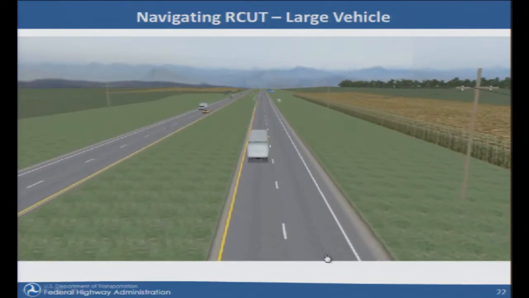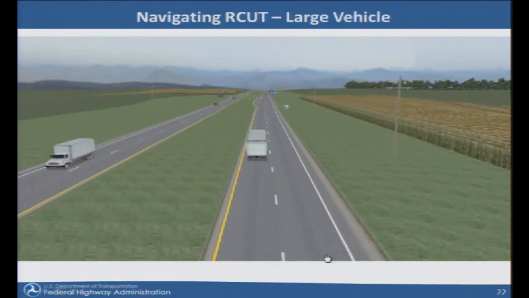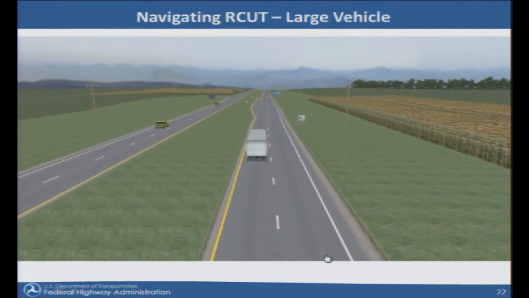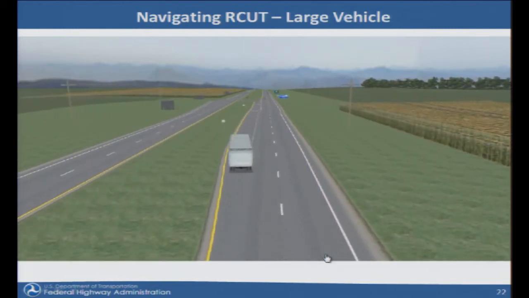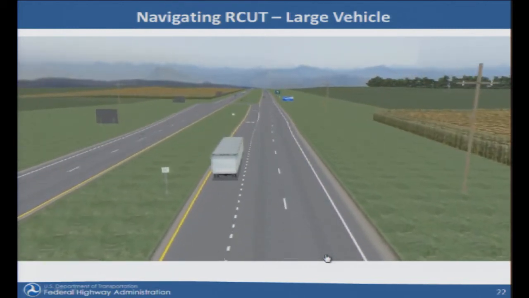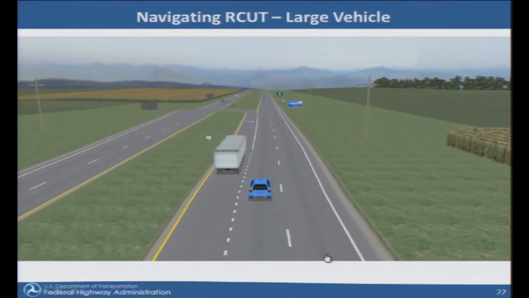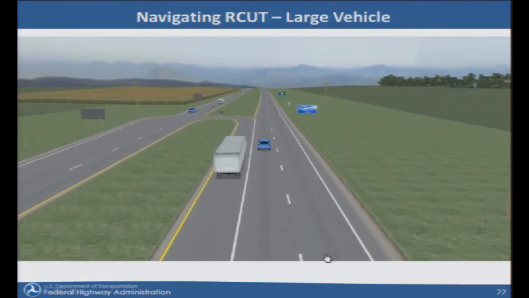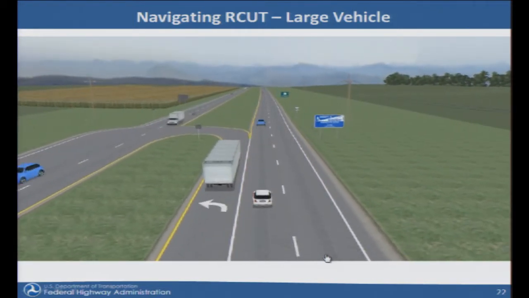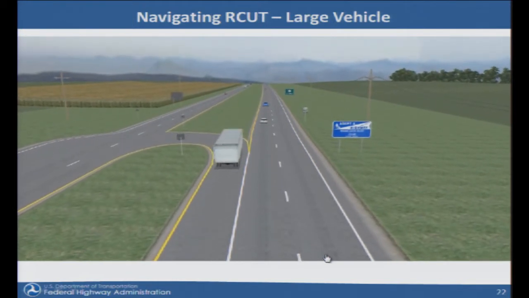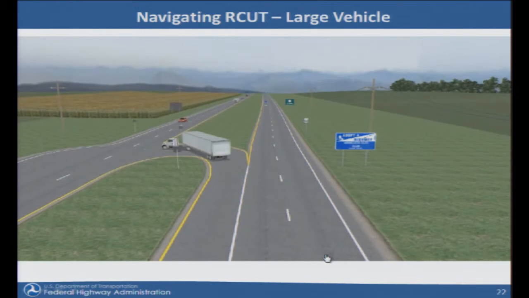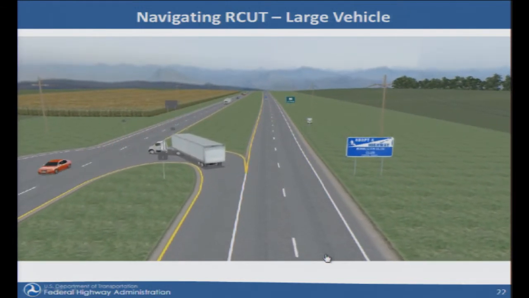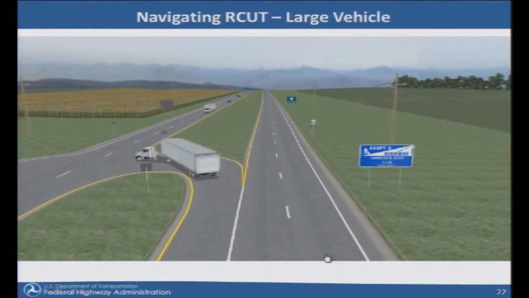This is a driver simulator video. We do the simulation in VSim, and we output the simulation results, and Jason inputs those results into his driving simulator to generate this kind of realistic video. Okay. And that's how a large vehicle will do the U-turn, rather than a passenger car, which will U-turn into this lane, but a large vehicle has to turn into this lane.